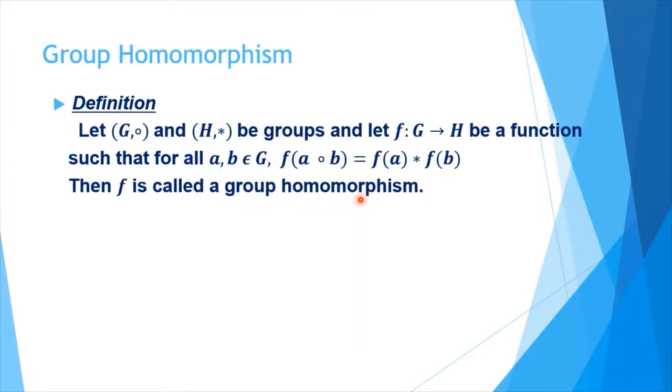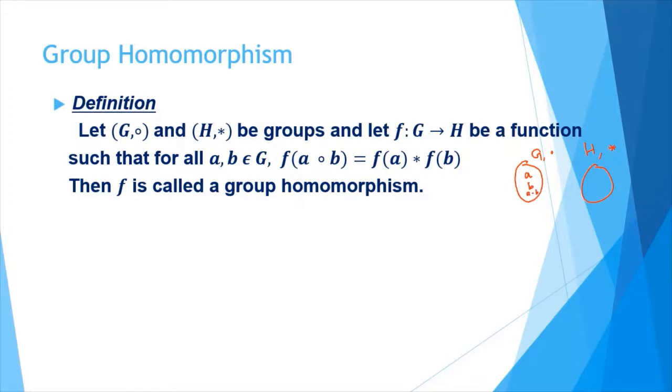To explain this, you are considering two sets, G under the operation dot and H under the operation star. From G you are taking two elements a and b, and of course as G is a group you will have an element a · b.